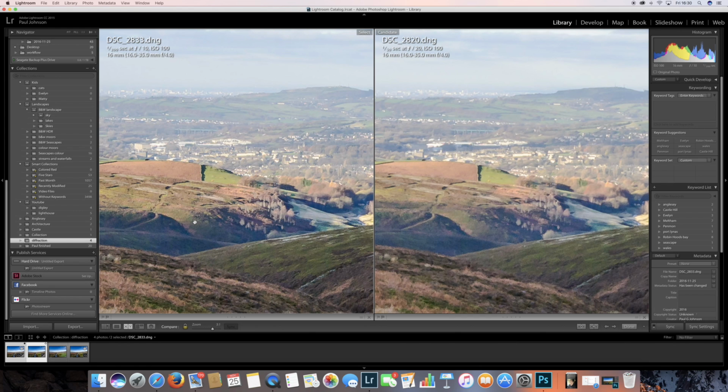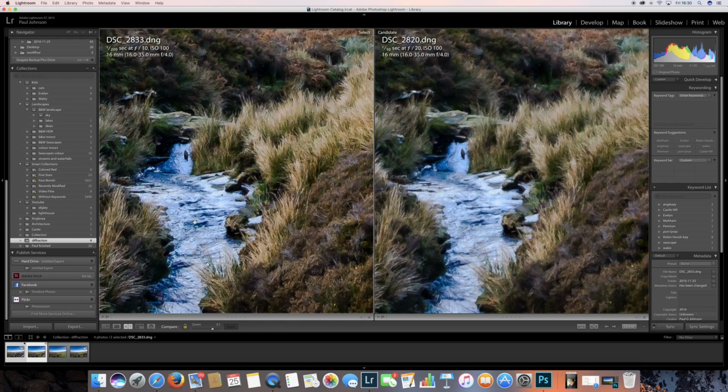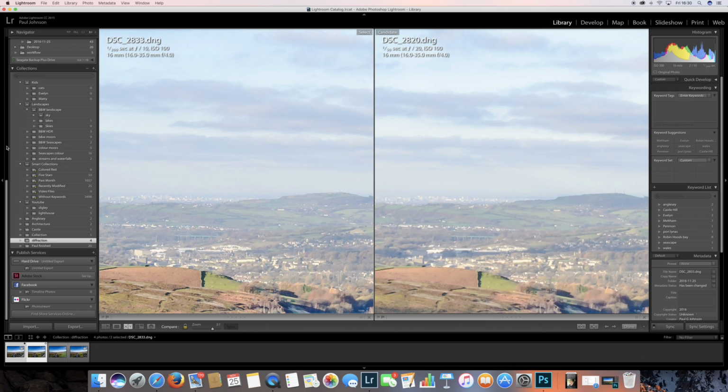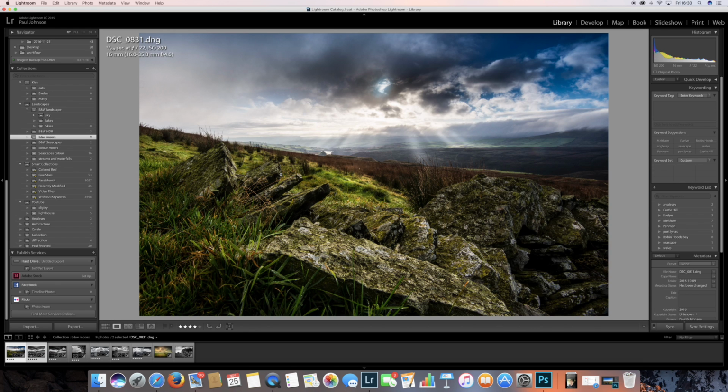Now, because I like to get a really sharp foreground, as in this picture here, from now on I'm going to be focus stacking the images when I want an image like this.